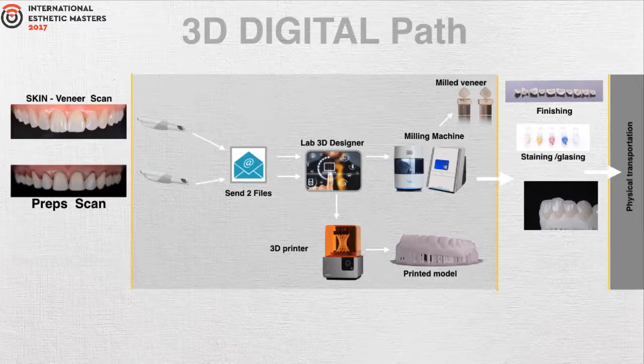Once they are done, he will place the restorations on the printed model to check their fitting. And at this point, he will start the finishing process and polishing, staining, and glazing the veneer before sending them to the dentist.